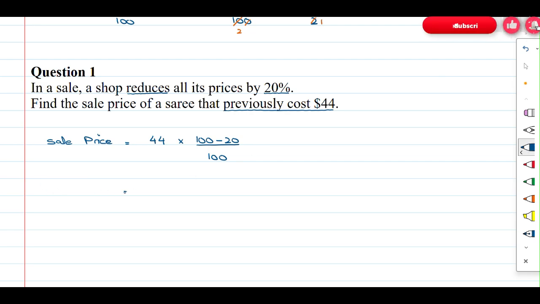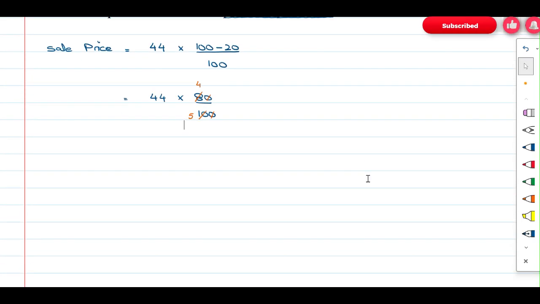So this is 44 multiply 100 take away 20, that is 80 over 100. Simplify, 0 cancels out with 0. 2 times 4 is 8, 2 times 5 is 10, right? So the simplified answer is 44 multiply 4 by 5.